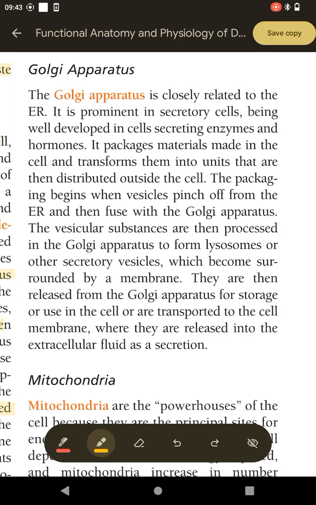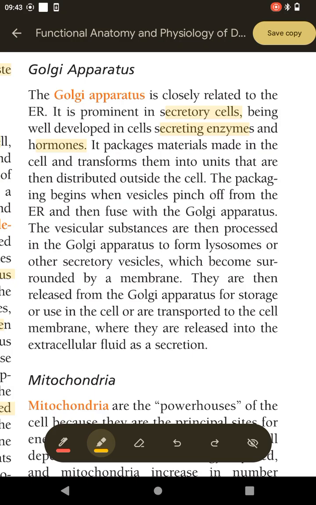Where secretions are important, like in secretory cells, it is very prominent. In these cells, the Golgi apparatus has a very important role.